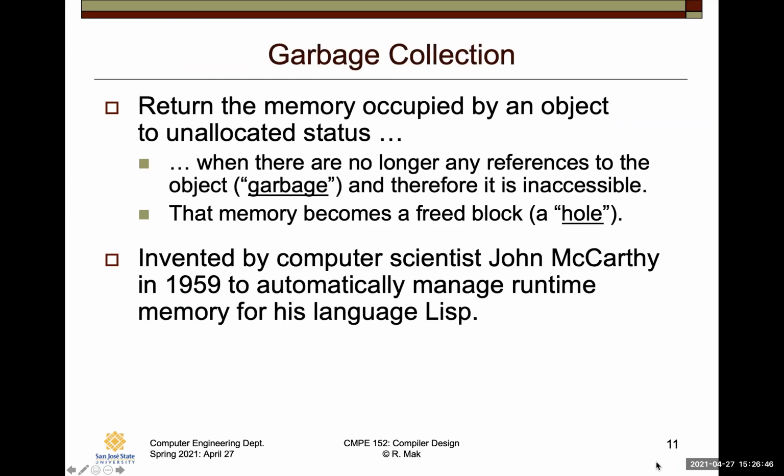Garbage collection. Okay. So when an object is no longer being used, and quite often that means there are no longer any pointers to that object, then that object is garbage, okay? Now, as I said, in languages like C and C++, before an object becomes garbage, you want to explicitly deallocate it by calling delete or free on it, okay?